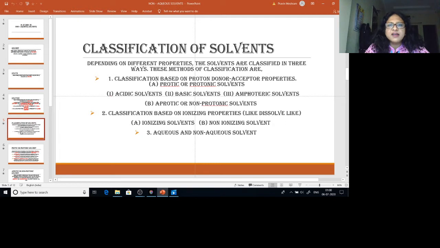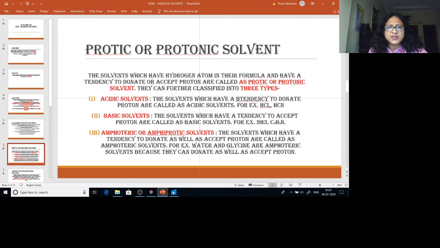The second subcategory is aprotic or non-protic solvents. Depending upon ionizing property, they are classified as ionizing solvents and non-ionizing solvents. The third category of classification is aqueous and non-aqueous solvents.